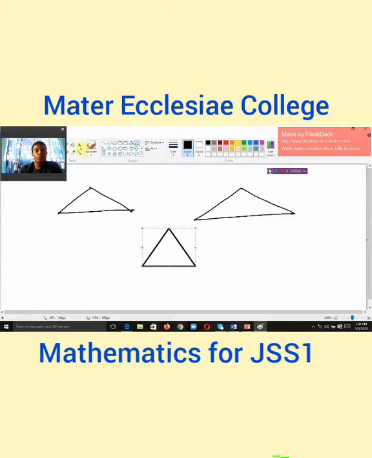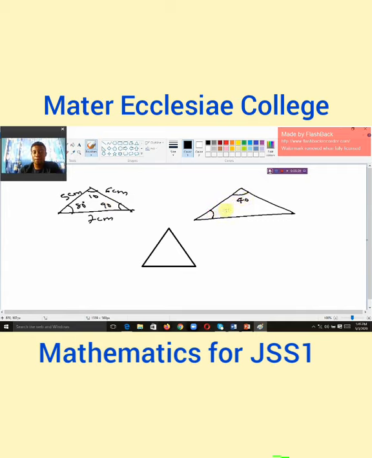Okay, now if this is 5 centimeters, this is 6 centimeters, this is 7 centimeters, and this is 10 degrees, for instance, this is 80 degrees, and then to make it 180, this is, let's say, 90 degrees. What we are doing is just an illustration.